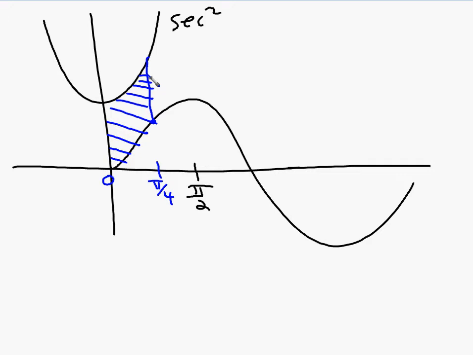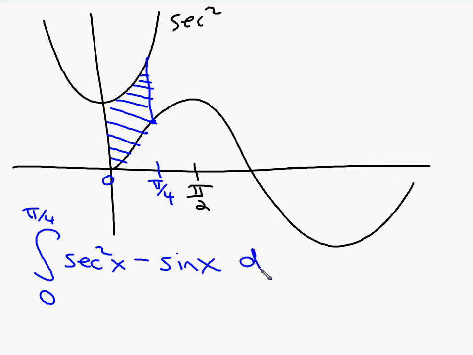Now we're ready to evaluate this, and the nice thing about this one is I have my limits of integration already done for me. So it's going to be the integral from 0 to pi fourths of the top function, which is secant squared x, minus the bottom function, which is sine x, dx. Now, thinking antiderivatives, do you remember what you took the derivative of that got secant squared?